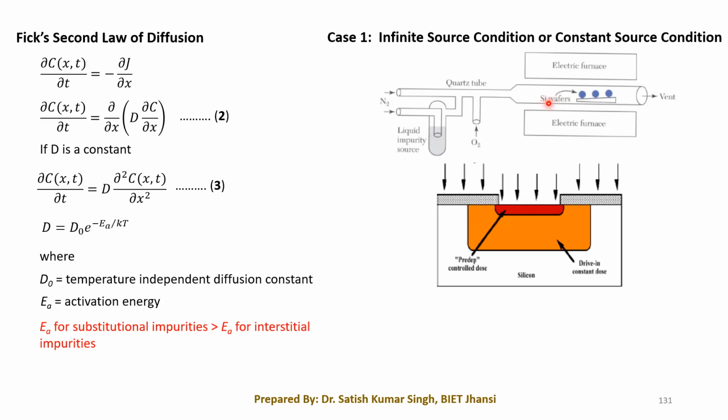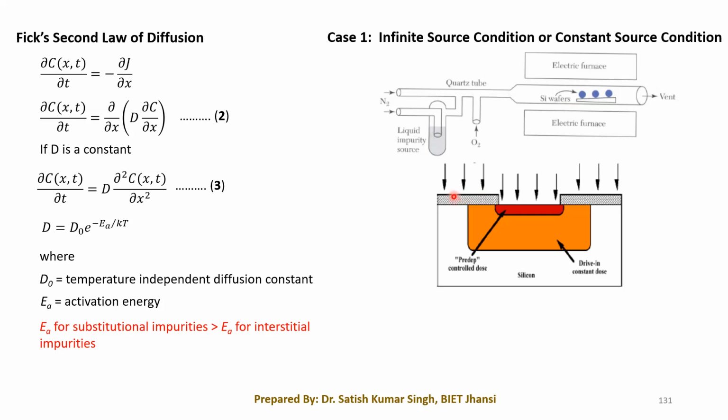In the infinite source condition, or constant source condition, we mean that during the initial diffusion process, we need to keep on supplying the impurity atoms. The impurity atoms will always be present in the ambient. The wafers will always be surrounded by the impurity atoms.